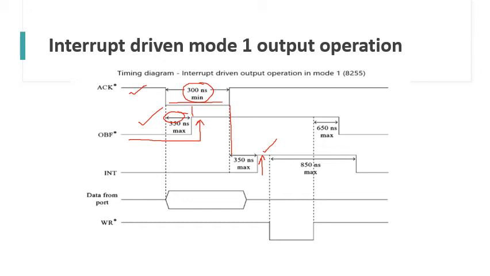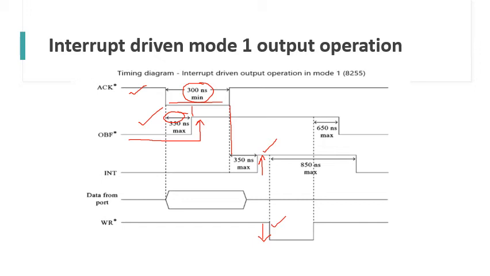For writing this data, the input signal to 8255, that is WR, will go low, indicating that a write operation takes place. Now, since the write operation has taken place and the new data has not been read by the output device yet, there is no need for the interrupt signal to be high.